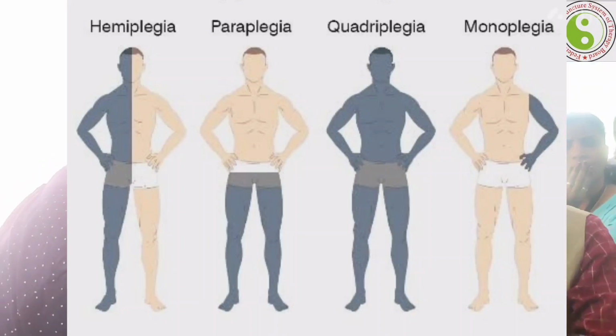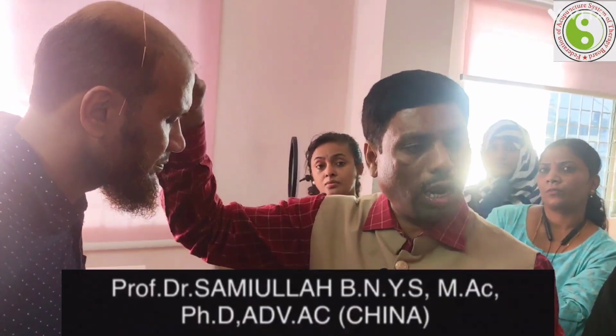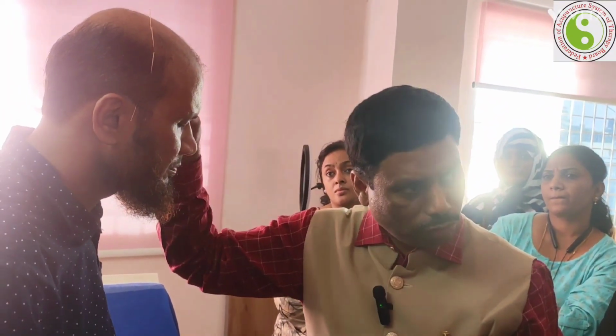Because the right-side paralysis happens due to the left temporal lobe having some kind of occlusion, some kind of stenosis, or the middle cerebral artery being obstructed. So once this happens, the temporal lobe, the lower portion of the frontal lobe, and the Wernicke's area on the temporal lobe will get damaged.